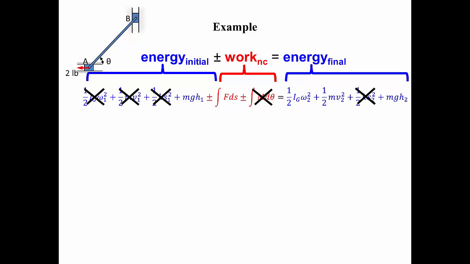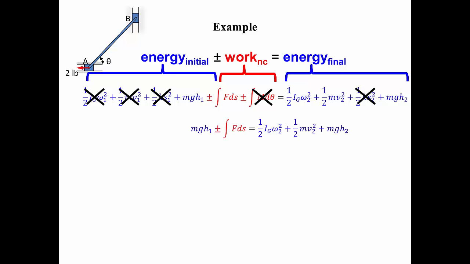There are no outside moments being applied, so we can eliminate that portion of the outside work. However, there is a force that's applied. We also have an initial height of the rod, and when the angle is 30 degrees, the rod will be rotating, its center of mass will be translating, and it will have an elevation. So here's our final equation.